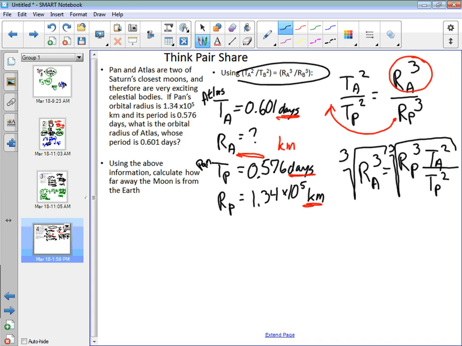Now, as a simple trick, you can factor out this part here. I don't know if it's technically called factoring. Anyhow, we've already taken the cube root of R_A cubed, so it's now just R_A equals R_P times the cube root of T_A squared over T_P squared.